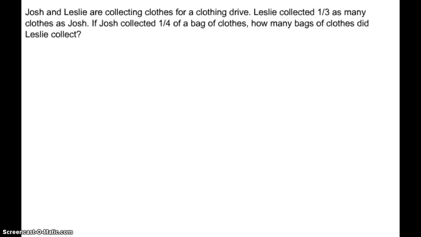All right, let's look at this problem. Josh and Leslie are collecting clothes for a clothing drive. Leslie collected 1/3 as many clothes as Josh. If Josh collected 1/4 of a bag of clothes, how many bags of clothes did Leslie collect? All right, so make sure that you solve this before you continue watching.